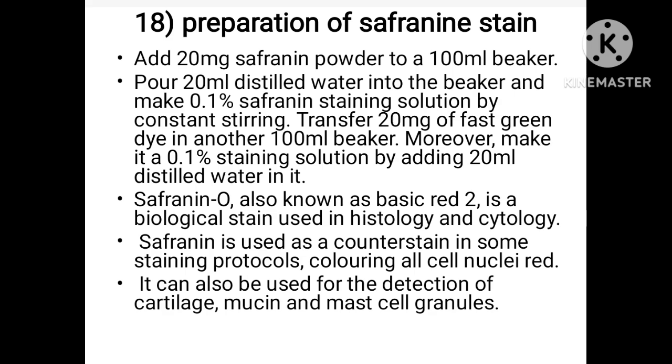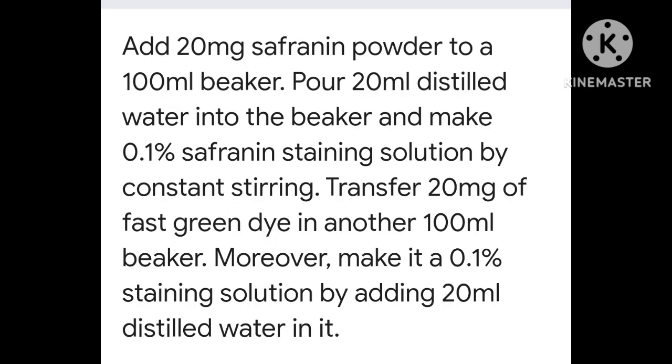Question number 18. Preparation of safranin stain. Add 20 mg safranin powder to a 100 ml beaker. Pour 20 ml of distilled water into the beaker and make a 0.1% safranin staining solution by constant stirring. Transfer 20 mg of fast green dye into another 100 ml beaker.